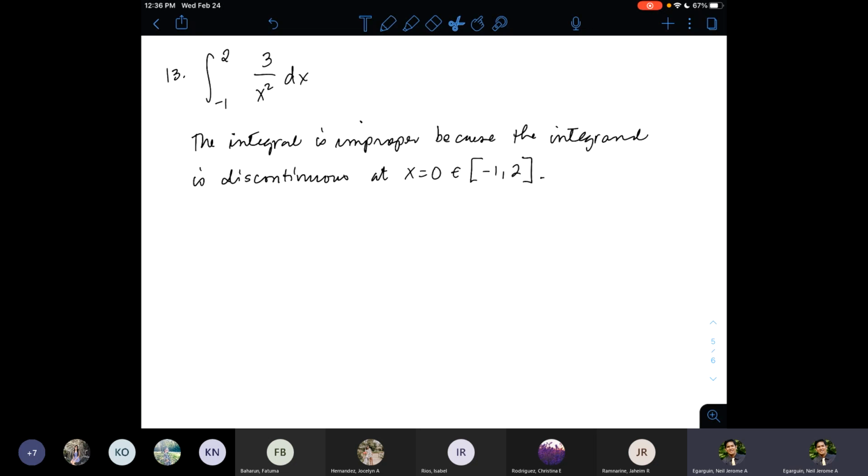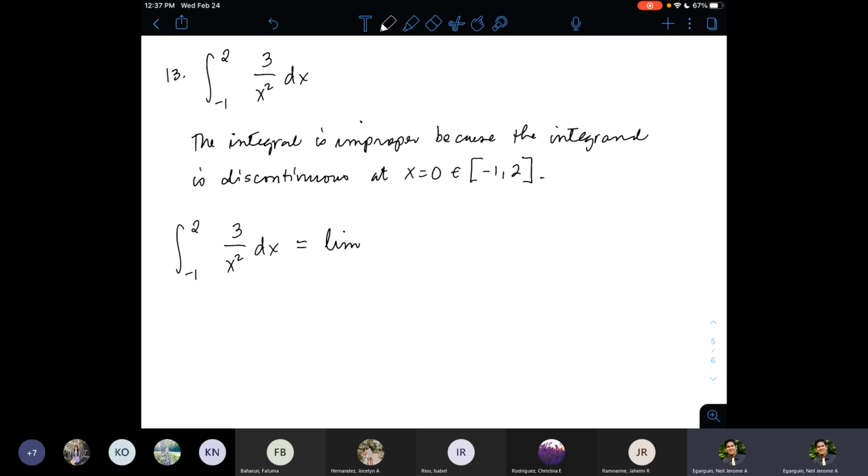And since it's an improper integral, we need to write this down as a limit. But the thing here is the cause of discontinuity is an interior point. And the trick here is to split the integral according to that cause of discontinuity as one of the limits, so that we can take the limit of those two integrals.